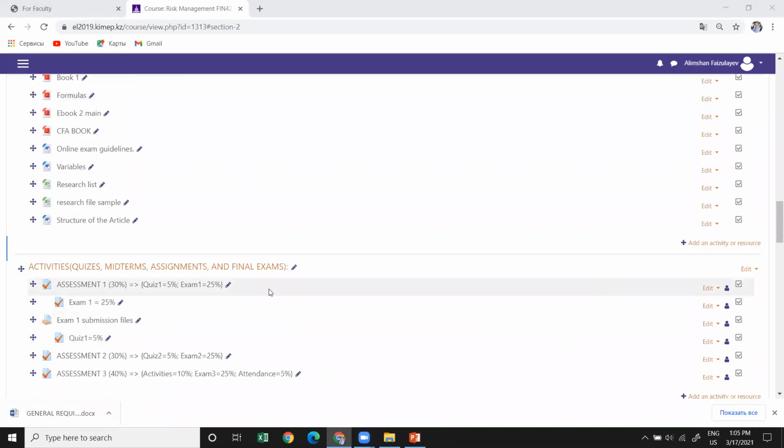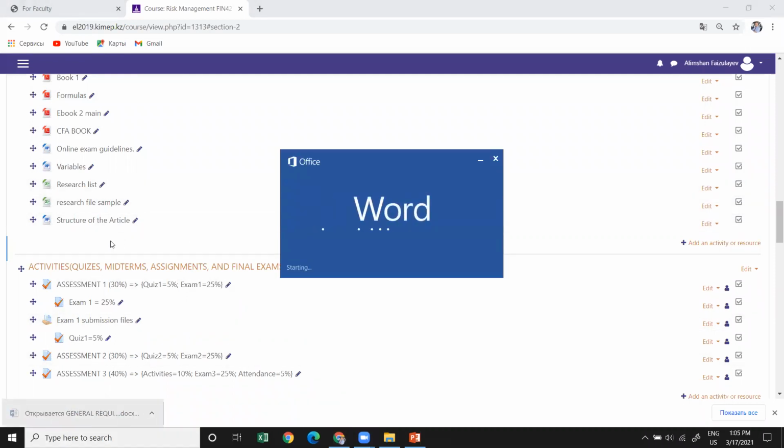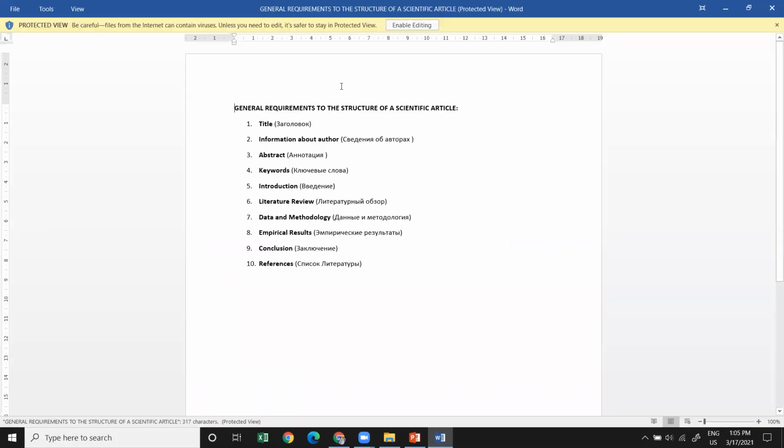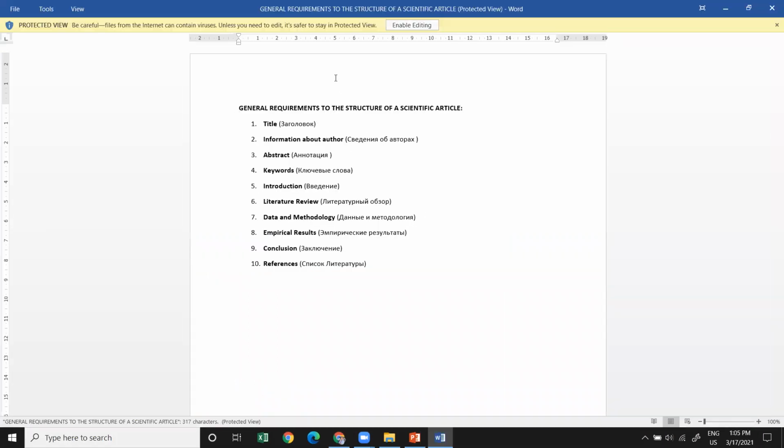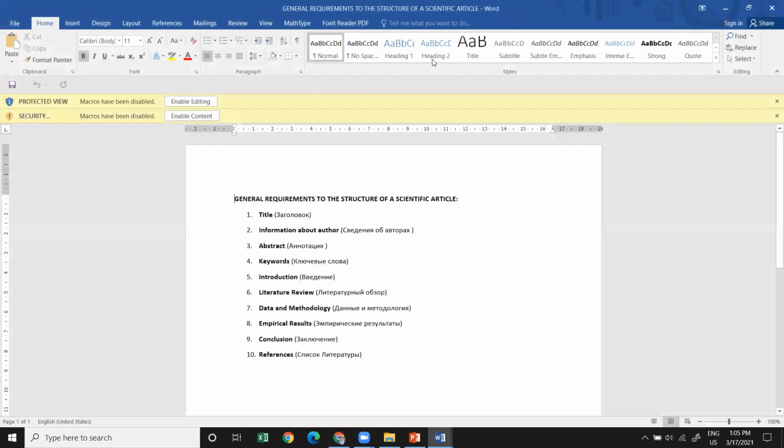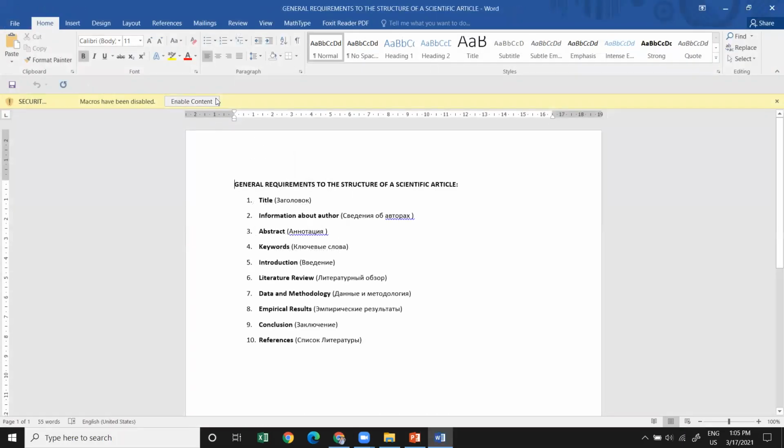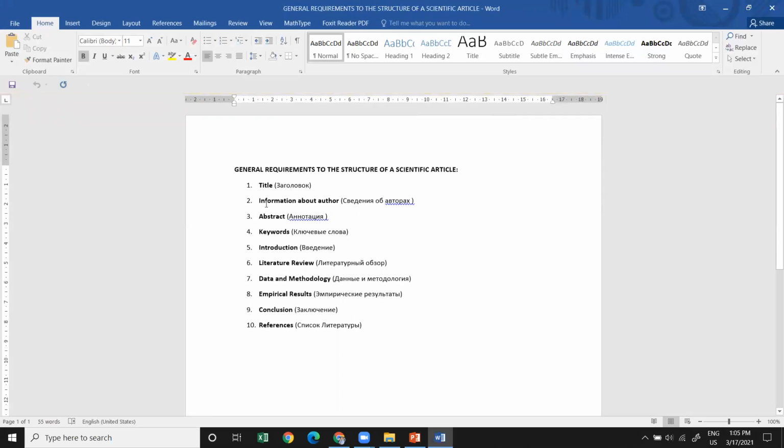So before starting the lecture, I would like to share the structure of the article with you so that you have an idea how your article should be. Okay, we've got here the general requirements to the structure of the scientific article.